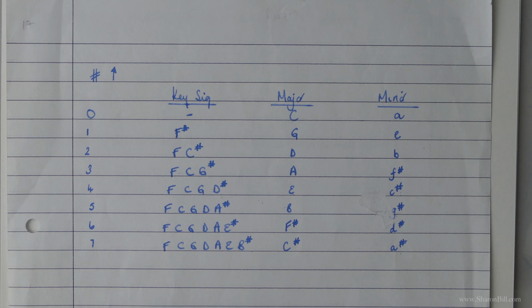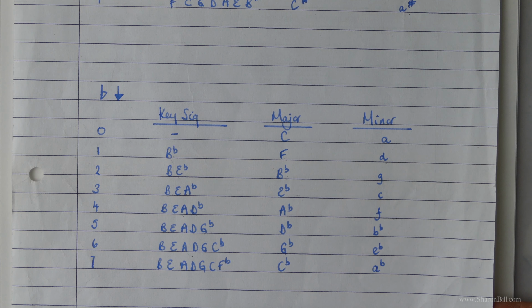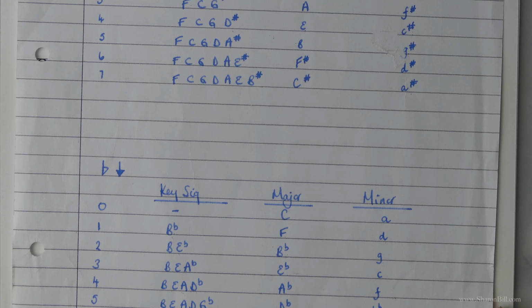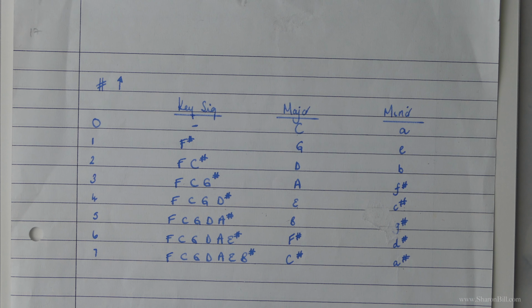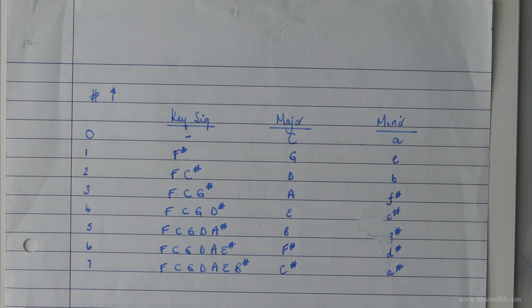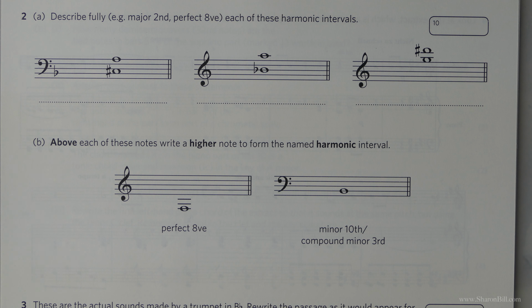That way you've done your thinking all at one go and you're not going to get confused by juggling too much information while you're trying to think about your questions. If you're not sure how to work out your circle of fifths, then do check out the links in the cards and in the description, and there's a video tutorial that I've done there explaining all about the circle of fifths. It's really helpful to do that. So you can either refer to that or you can just think about the key signatures.